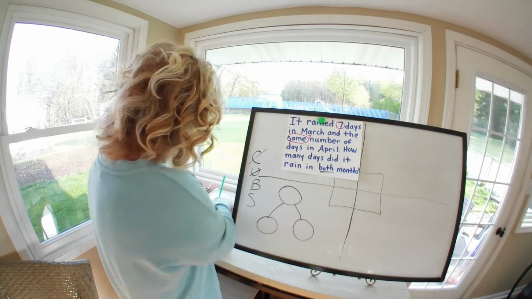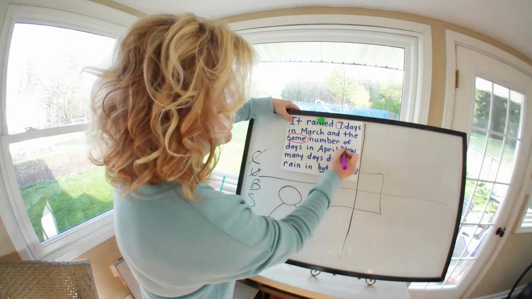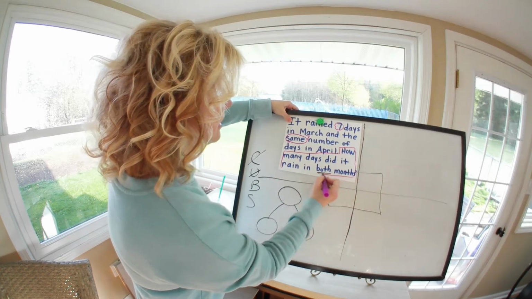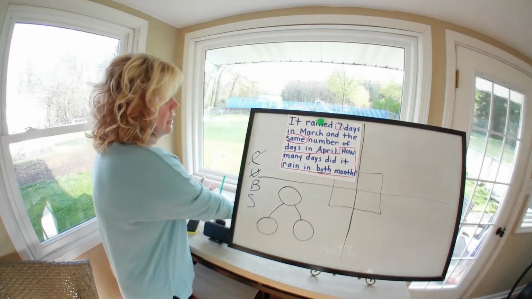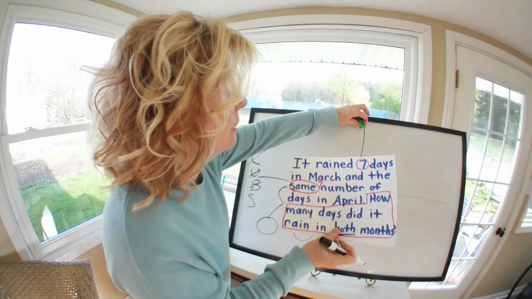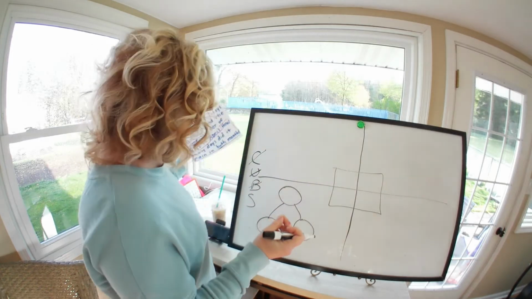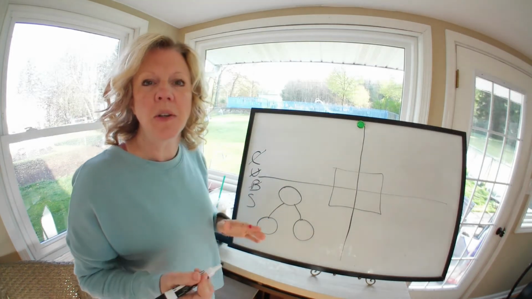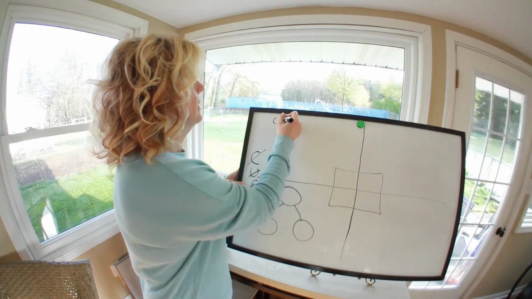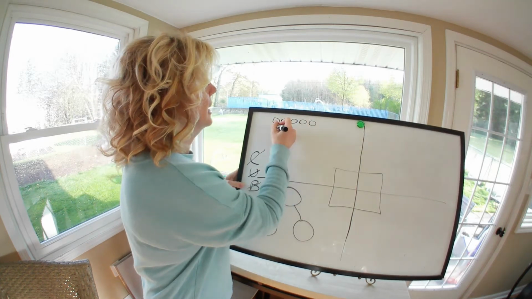Now I'm going to box my question. So it's the one that has the capital and the question mark at the end. And now I'm going to go ahead and get started solving this problem. Now, in your mind, you should already know the answer because we're so good at those doubles facts. So I know that it rained 7 days in March.